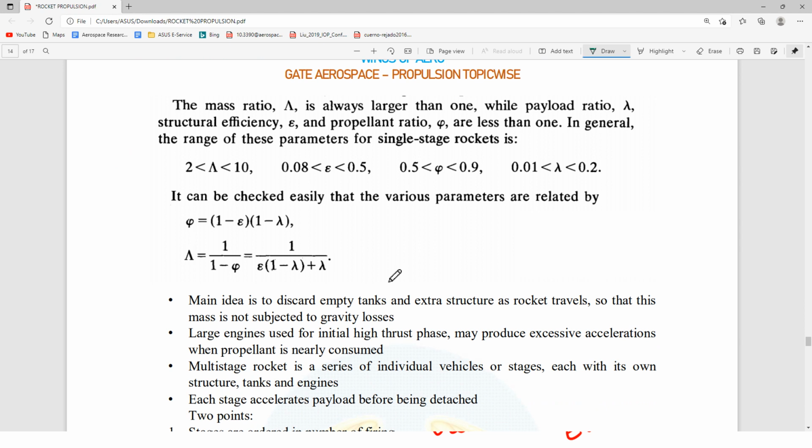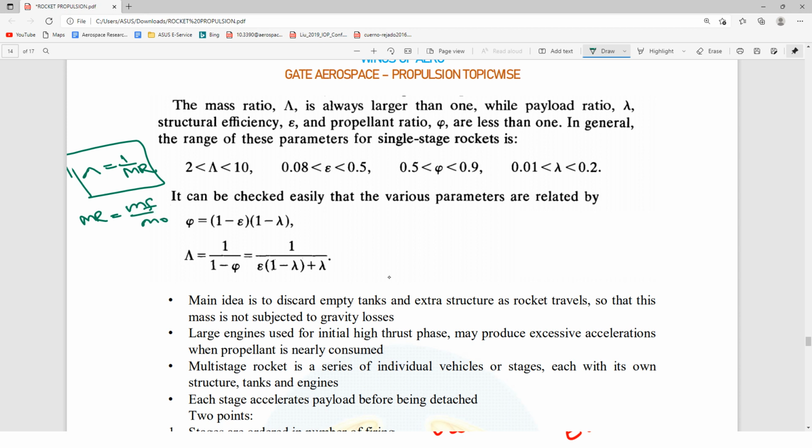Now another very important consideration: sometimes they might ask you which is a suitable range based on the requirement. Again, lambda is defined here as 1 by mr. What is mr? Mf by m naught.